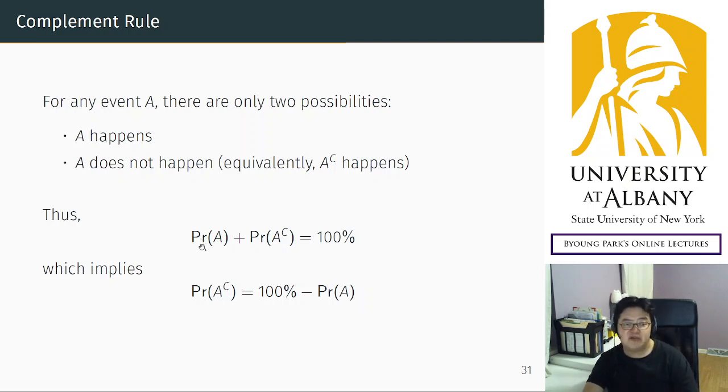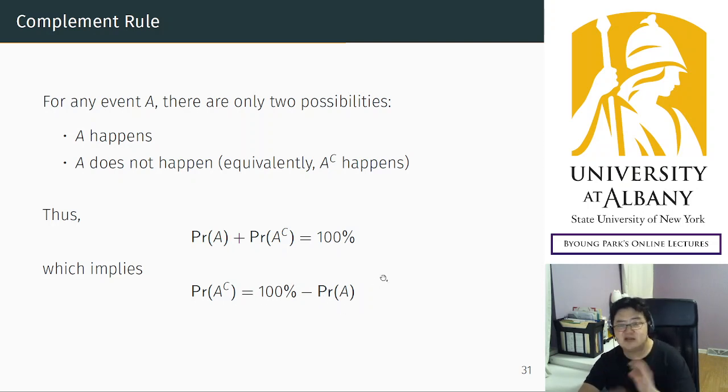The probability of A plus the probability of A complement must be 100%, right? The probability must be perfectly divided into A and A complement, which means the probability of A complement is 100% minus the original probability.